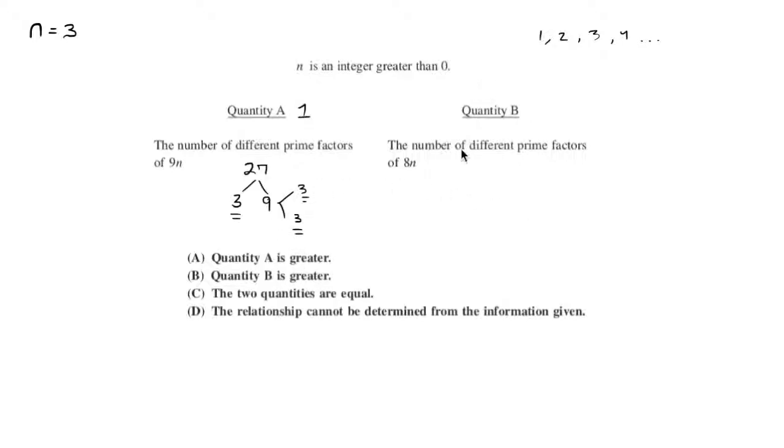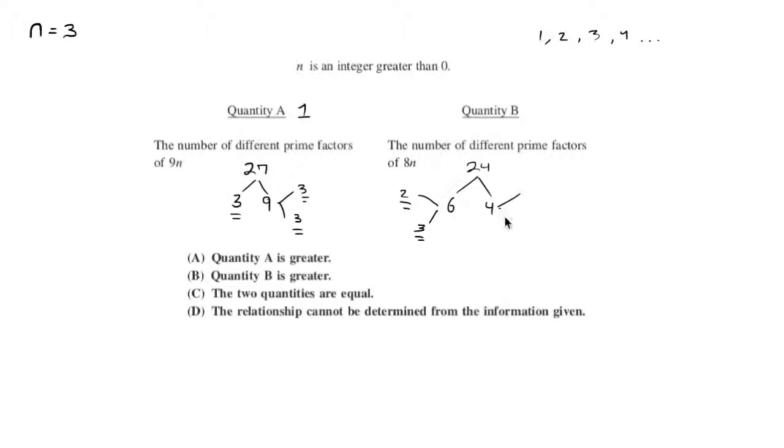If we use 8n, then we have 8 times 3, which is 24. And we're going to do the same thing with 24. Two numbers that multiply together to make 24 are 6 and 4. The 6 can be split off into 2 and 3, both of which are terminal numbers.